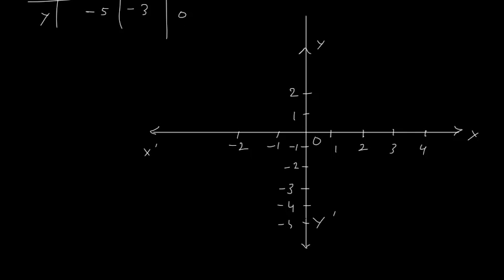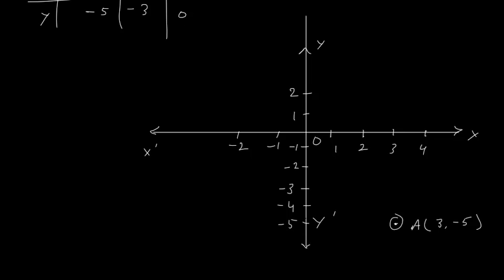Now I have to locate 3 comma minus 5. So along the x-axis 3 and along the y-axis minus 5. Here I will locate one point. Mark this point as A, which is 3 comma minus 5. Then I have to locate minus 2 comma minus 3. So minus 2 here, minus 3 here.